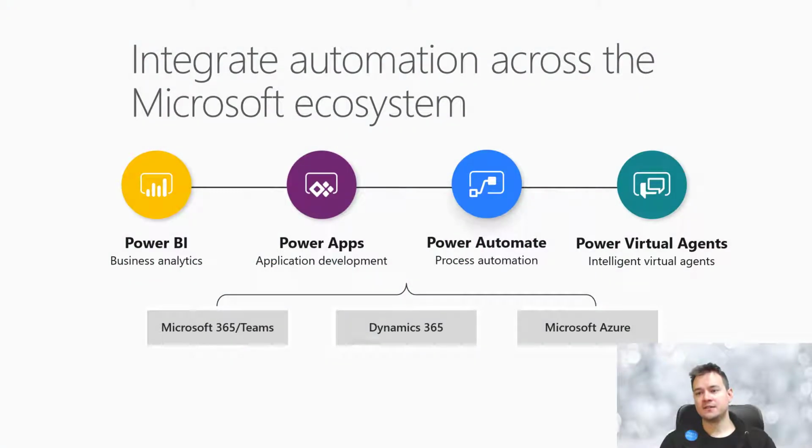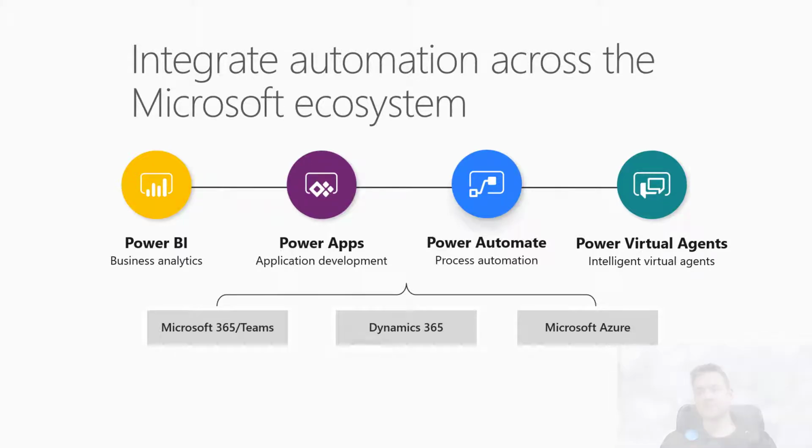So today, this landscape of the Power Platform is not a trinity, it is a quadrinity. It is an ecosystem that really allows you to create any sort of business logic, business processes, business applications, and also chatbots.